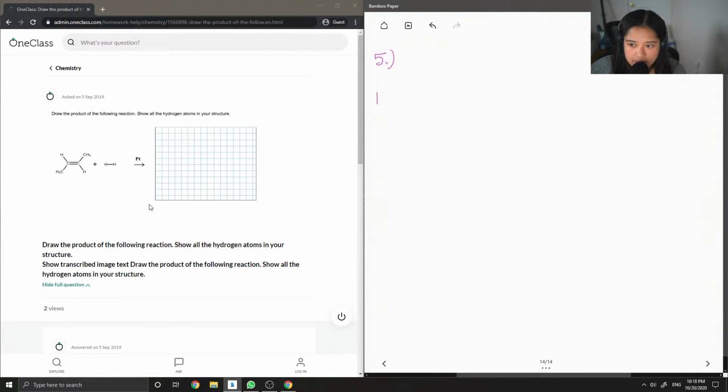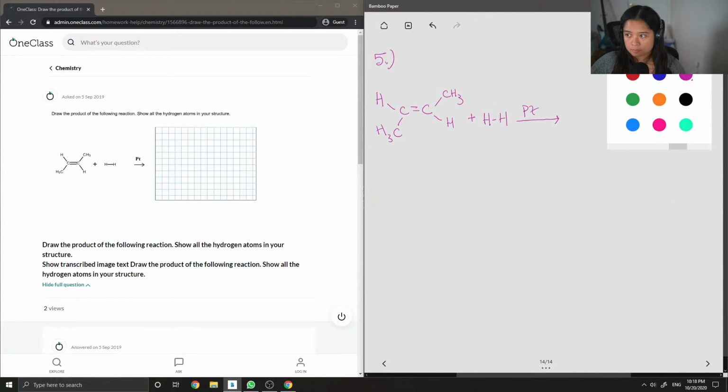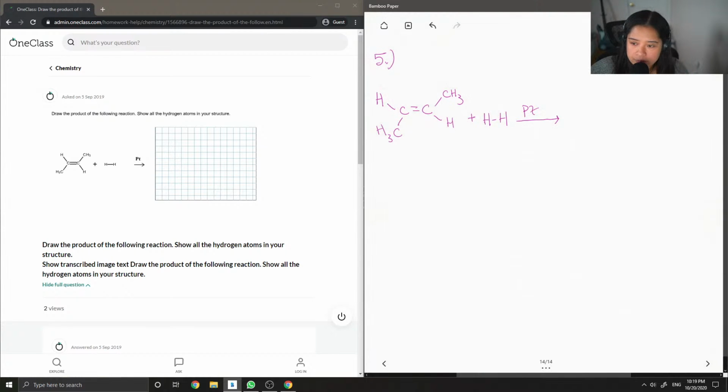Okay, so let me just write this out. Now I'm going to write out the definition of the reaction that occurs when H2 is reacted with a metal catalyst such as platinum.